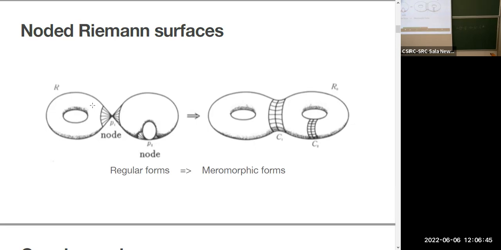And here I can take two points on the same Riemann surface and identify them into a node. After identification, this singular point is called a node. Also I can think of it as a closed cycle that I shrink into a singular point. And in node opening, the gluing technique is that I define Weierstrass data first on this singular, noded Riemann surface, and then extrapolate the Weierstrass data by the implicit function theorem to an ordinary Riemann surface.